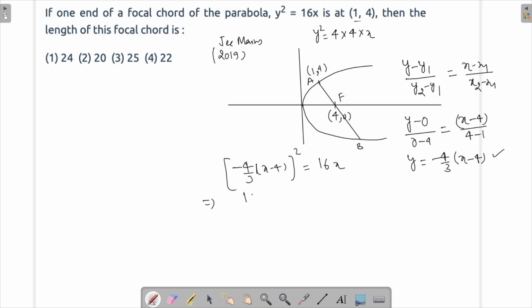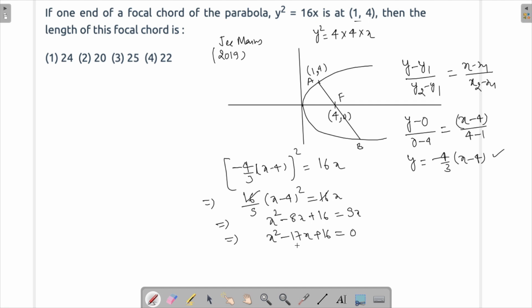And this will become 16 upon 9 into (x minus 4) whole squared equals 16x. So 16 cancels. Then we will expand as x square minus 8x plus 16 equals 9x. 9x comes this side. This will become x square minus 17x plus 16.